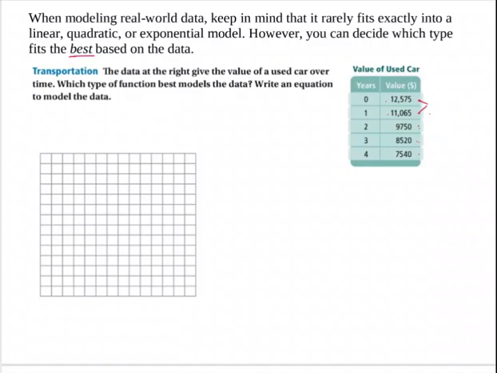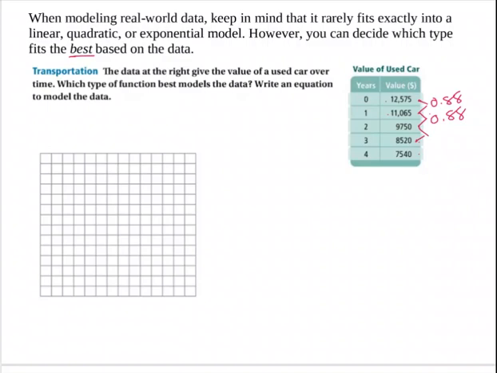0.87992. Okay, so let's round it to two decimal places. So you get 0.88. Okay, so now we're going to do the same thing for these two here. So now we want 9,750 divided by 11,065. 0.88 again. Okay, we want to check all of them because if these start to change, then we've got not exponential.